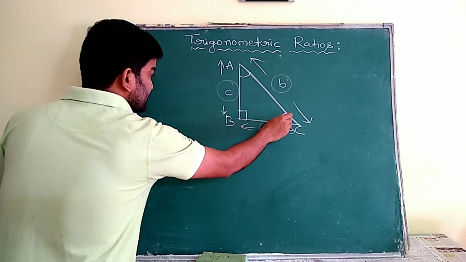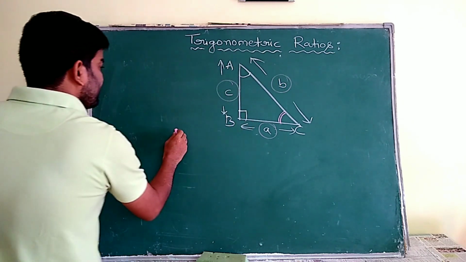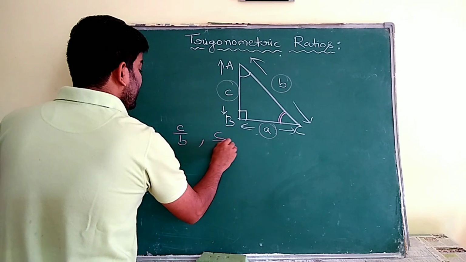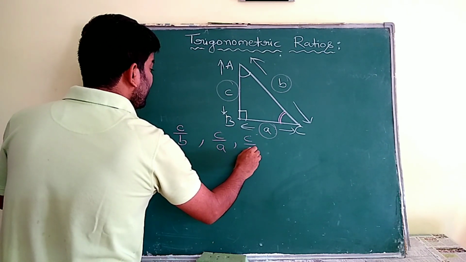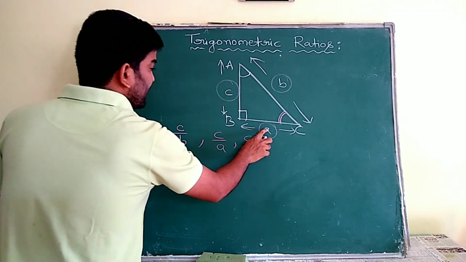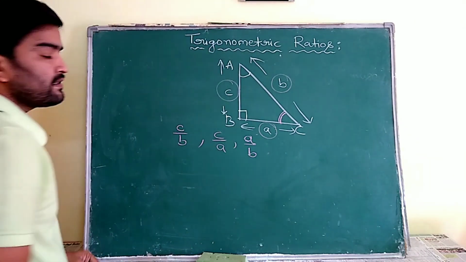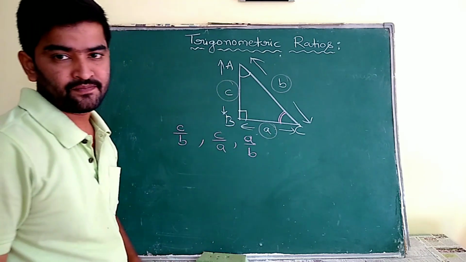With respect to this C, I may write c by b, c by a, and a by b. These are the main three relations with respect to C.